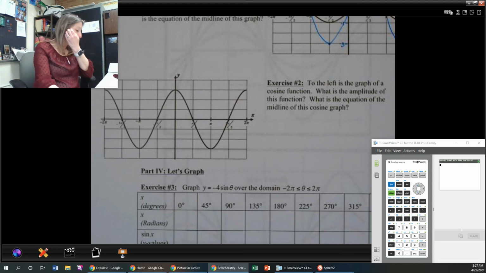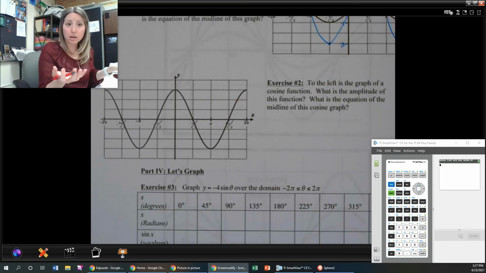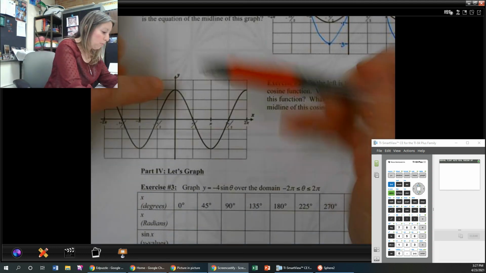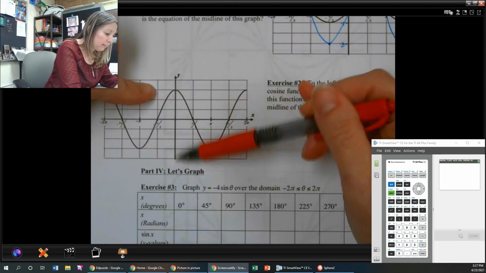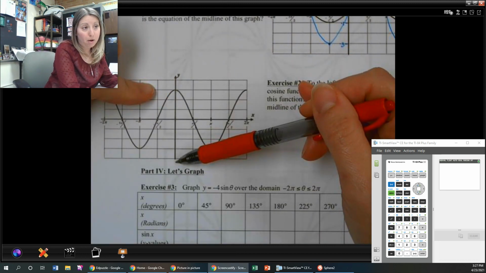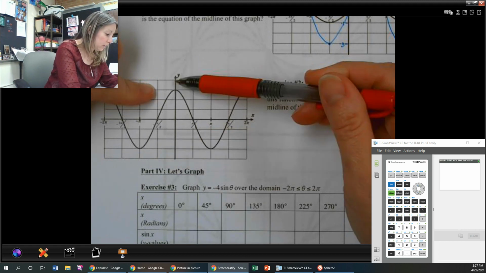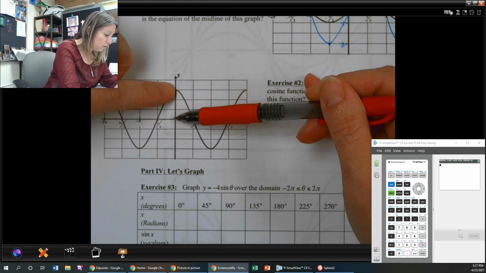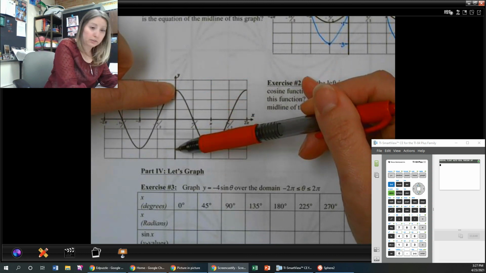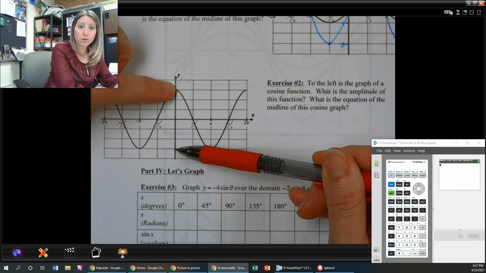Okay, well, let's take a peek. Let's count all the way up and down. So my y-axis is not labeled, but I can tell you we're going by ones for our y-axis. So if I go from my maximum and count down to my minimum, I get 1, 2, 3, 4, 5, 6. And 6 divided by 2 is 3.